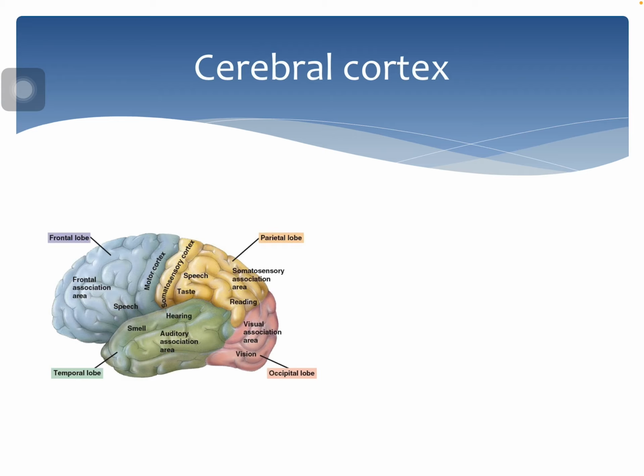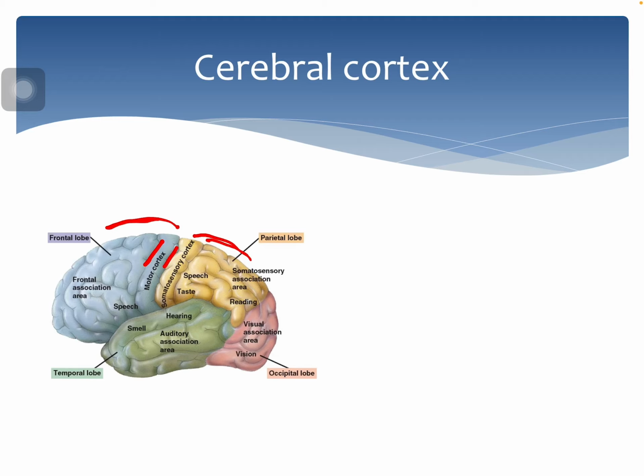Now, when we look at the cerebral cortex, and remember we have two hemispheres, so we have two sets of these, it's broken up into four major lobes. And so the four lobes that we're going to talk about here, like the blue is the frontal lobe. It's important for making decisions. It's arguably where your personality is housed and really complex thoughts. Also includes the motor cortex, which is really important here.